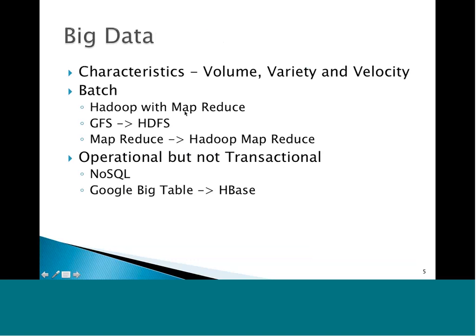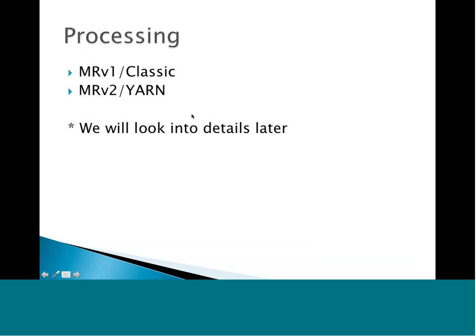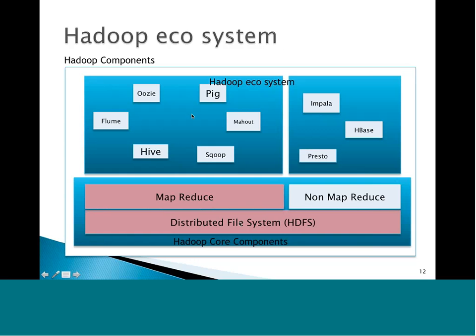Hadoop with MapReduce is only for batch. You cannot do real-time operations using MapReduce. So they realized that they can leverage HDFS and have some non-MapReduce applications that deal with the data in HDFS in real time. That's why this non-MapReduce component came into picture.